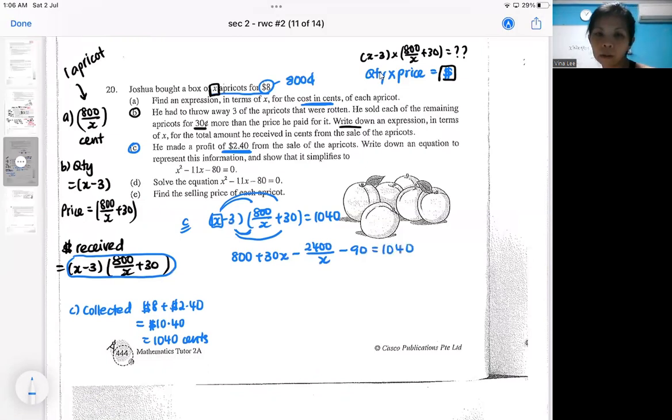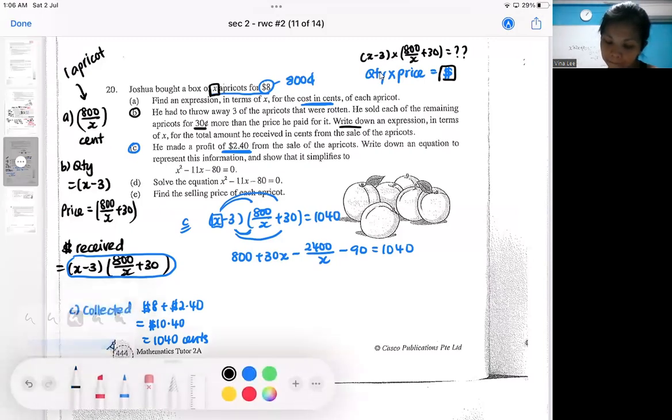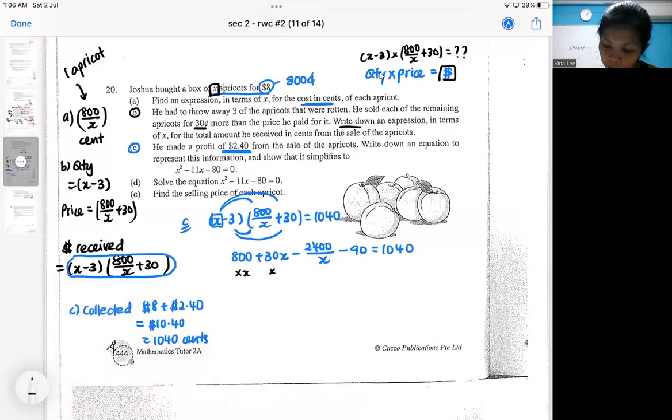Ultimately, you realize that you still have a fraction. A very quick way to get rid of the fraction is to multiply by x. So I'm going to multiply everything by x, and I will have no more fraction.